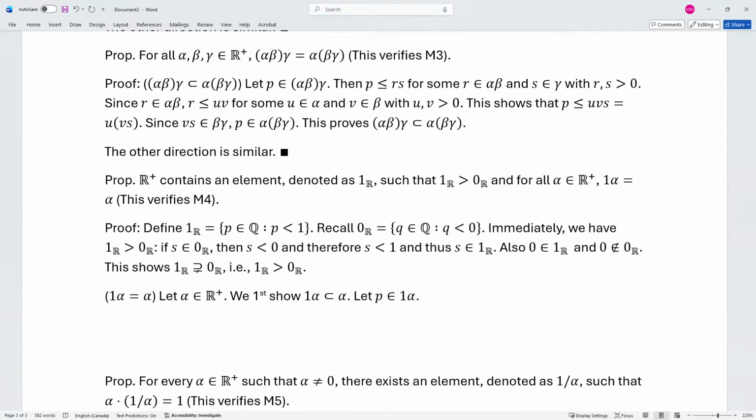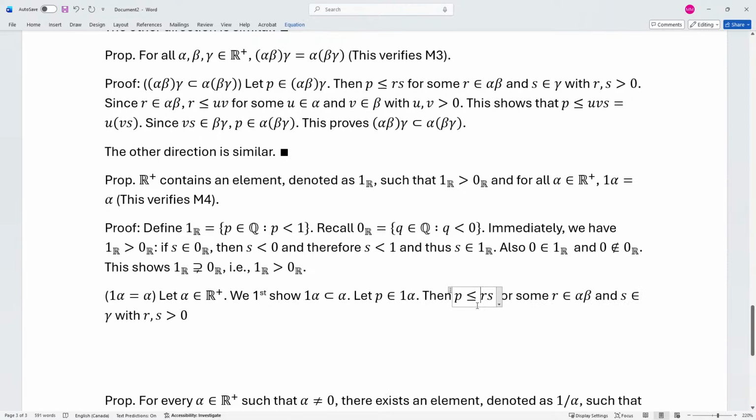That means P is less than or equal to R times S for some R in 1R, and S in alpha, with R and S positive. I'm copying the sentence we've used a bunch of times already, and following your instruction. So that's basically the implication here.